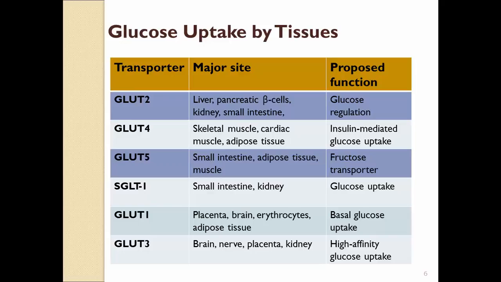You also need to remember that GLUT5 and SGLT1 are the glucose transporters that play a role in glucose absorption in the enterocytes. GLUT5 transports fructose, and SGLT1 transports glucose from the intestinal lumen into the enterocytes.